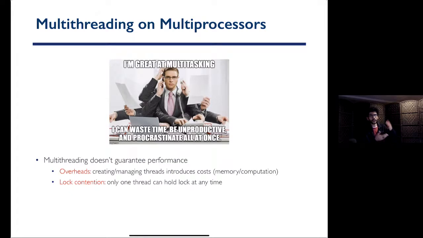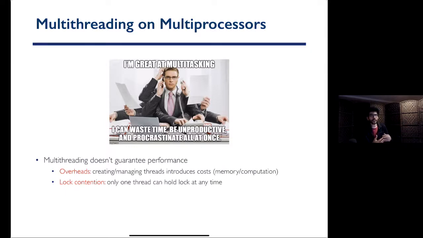Let's say that all your threads do is something in their critical section. This critical section is a big one, and every thread has to do it. Now, having 1,000 threads is not going to improve your performance, because at any given time one of them is going to run and the rest are going to wait.